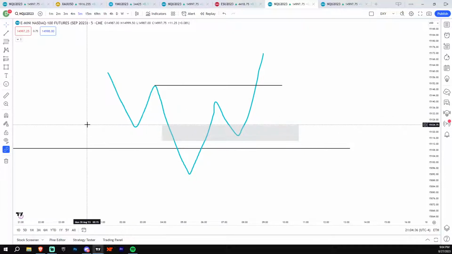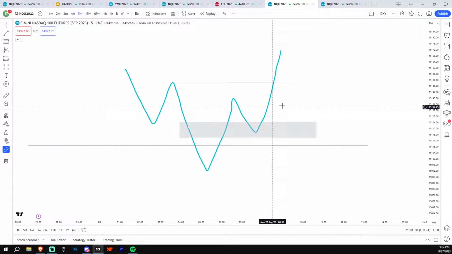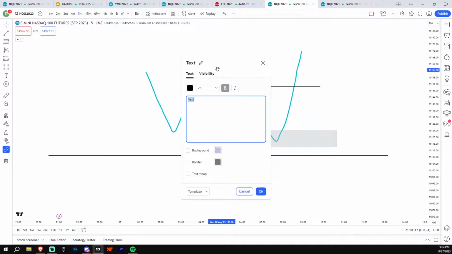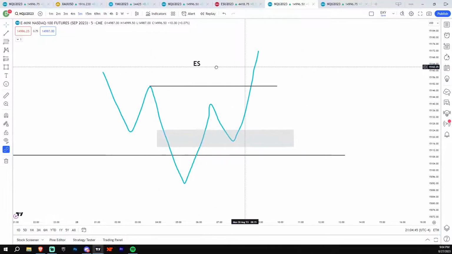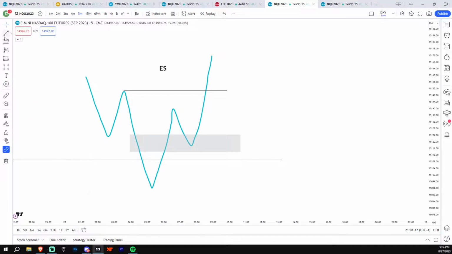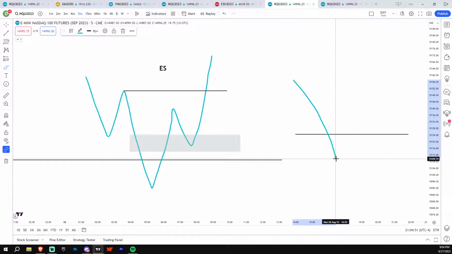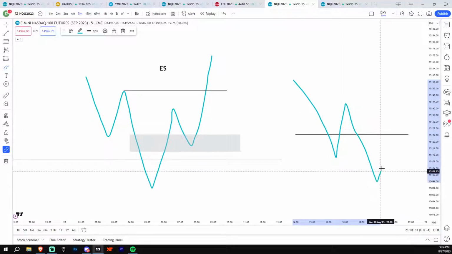The one time I do not like taking it is if, let's say this is ES right here, and we have NQ over here, and we go down like this. So we get this, obviously, right?